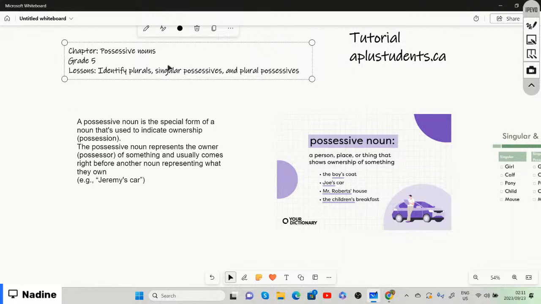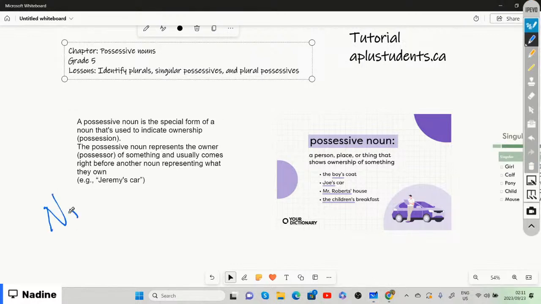So if it's my bag and it belongs to me, we say it's Nadine's bag, with an apostrophe, because the bag belongs to me. You need to put an apostrophe and an S to show possession, to show ownership, to show that it belongs to you.